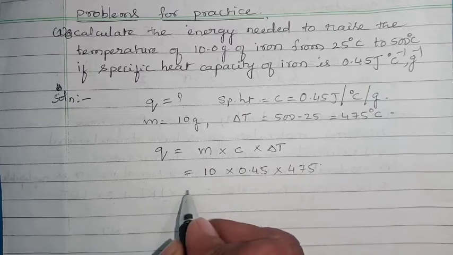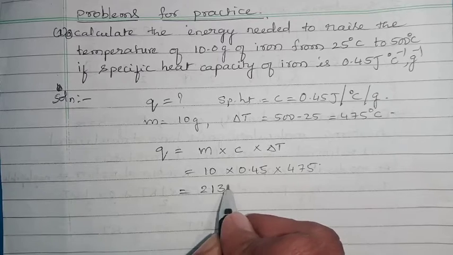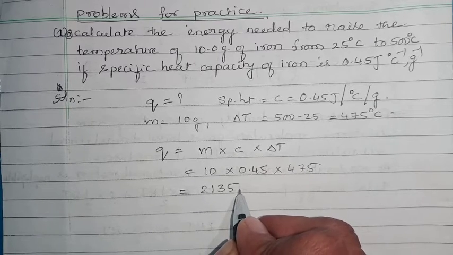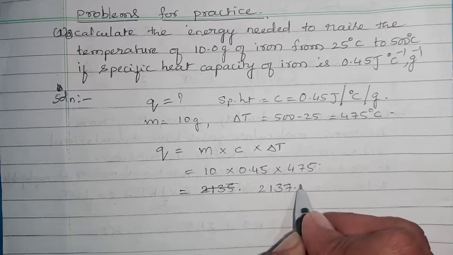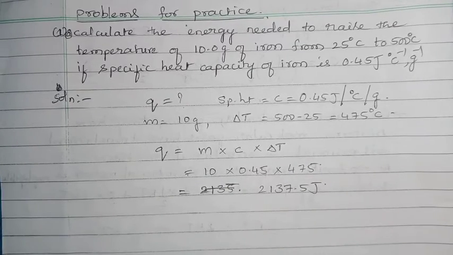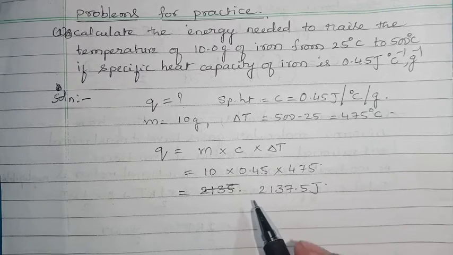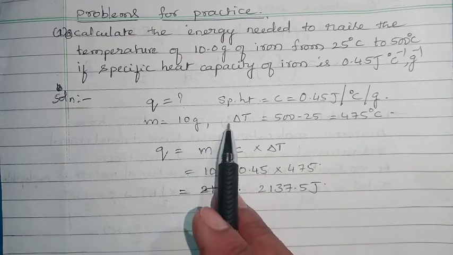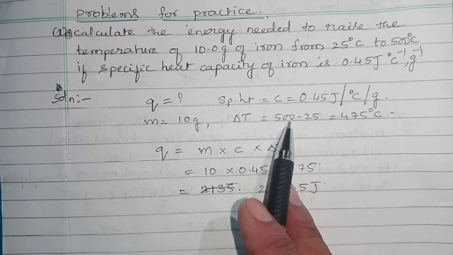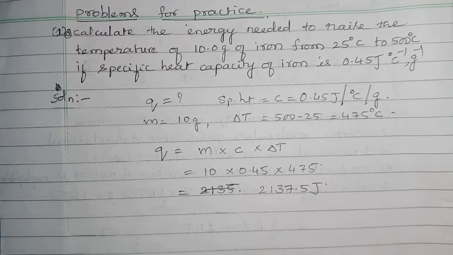On multiplication of these three, we get 2137.5 joules. This much heat energy is required to raise the temperature of 10 gram of iron from 25 degrees Celsius to 500 degrees Celsius. We require this much heat energy.